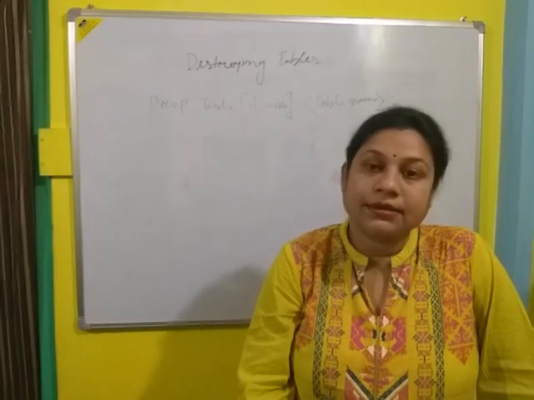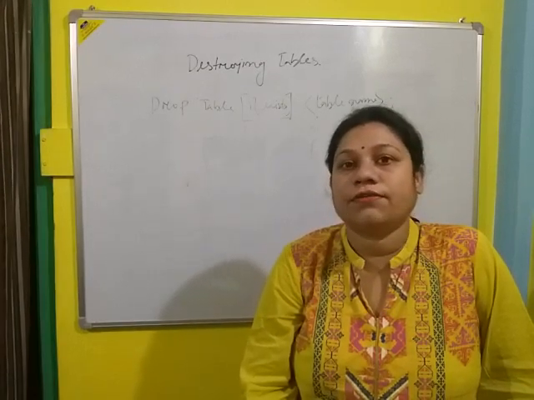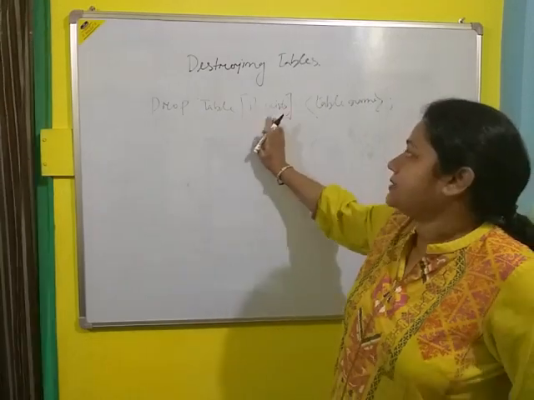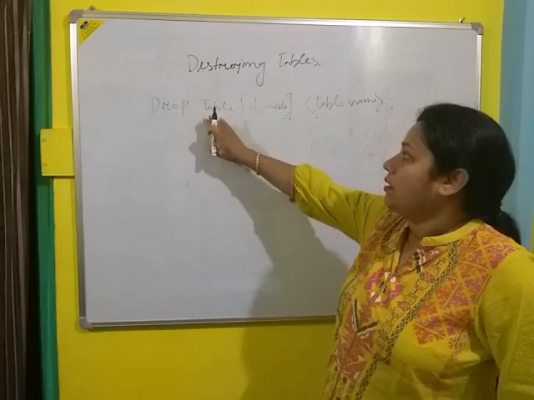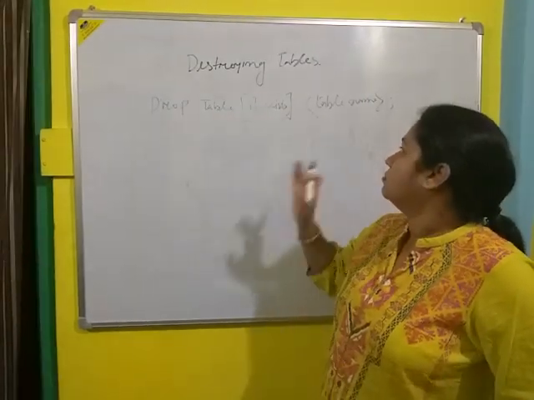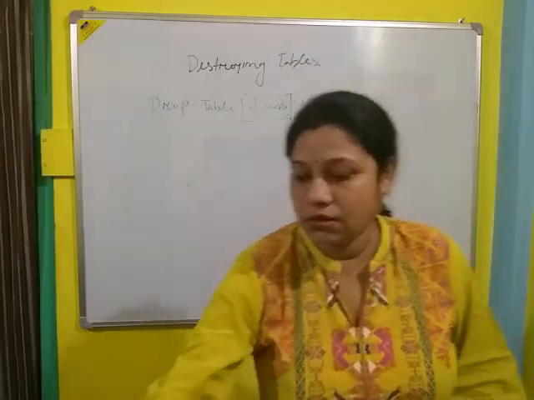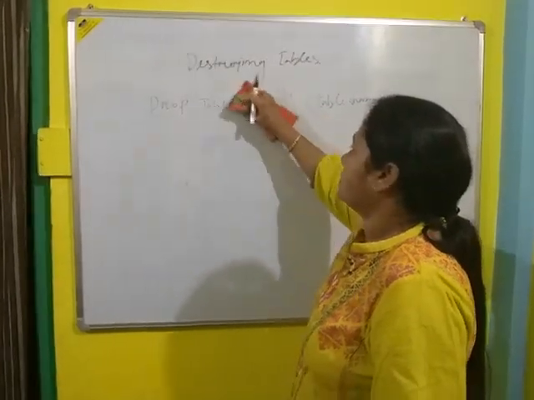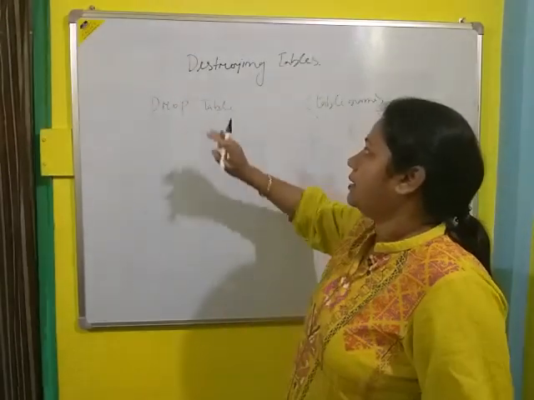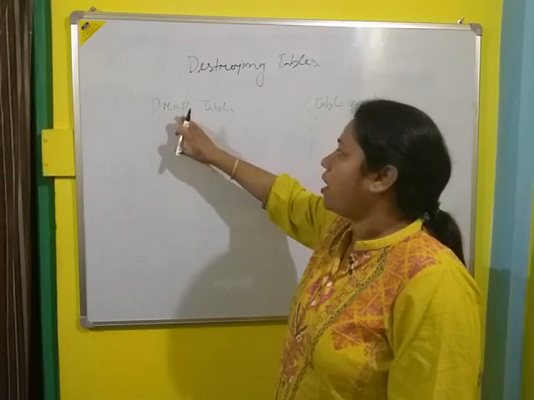To prevent the occurrence of errors at the time of deletion of a table, the if exists statement is written in a drop table statement. But if you do not require it, you can skip it. So for destroying a table we use drop table.